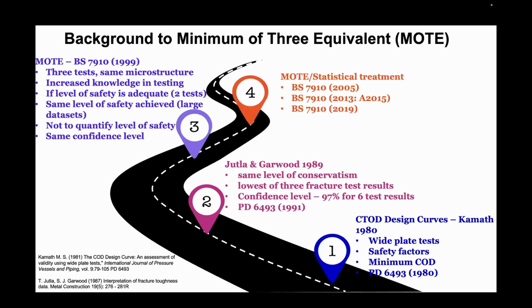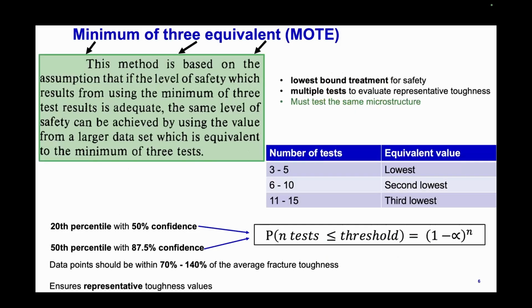This approach was then used to draft the first BS 7910 document, which is the guidance for metallic structures. There have been several revisions over the years, up to the current one, which is the 2019 edition.